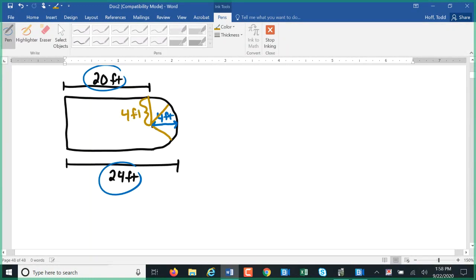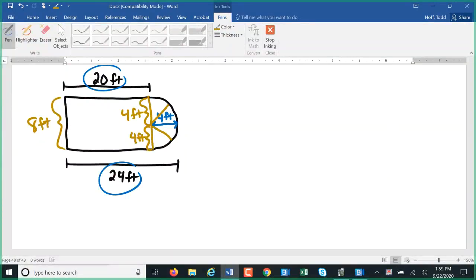Well, that's 4 feet, and of course this is also a radius, that's also 4 feet. That tells us that the width of our rectangle is 4 plus 4, or 8 feet. So these pieces of a circle are one of the few ways that we can transfer dimensions from horizontal to vertical or vertical to horizontal.